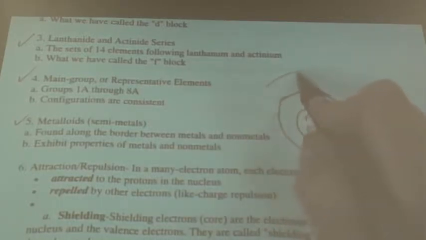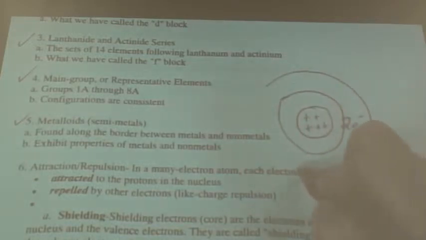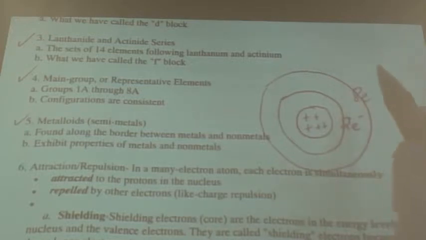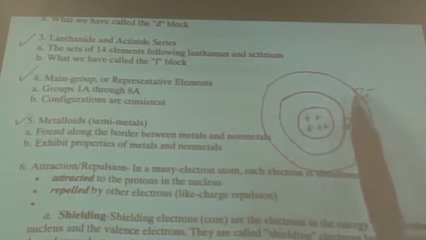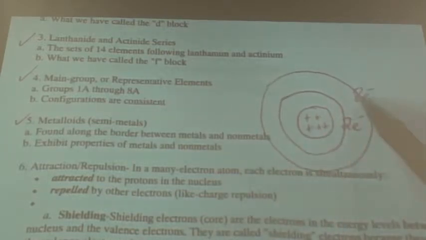Okay, and then the second energy level holds how many electrons? 8 electrons. 8 electrons in 1s and 3p orbitals, yeah? Okay, so while two things are going on, the electrons are attracted to the nucleus and they are repelled by each other.